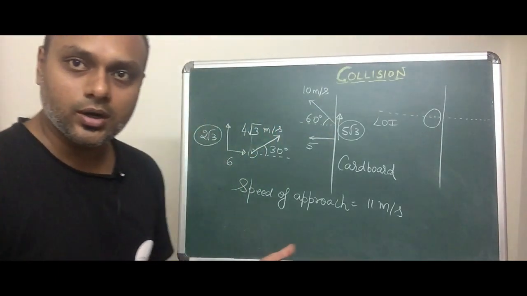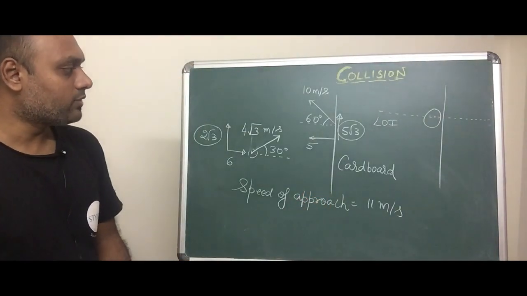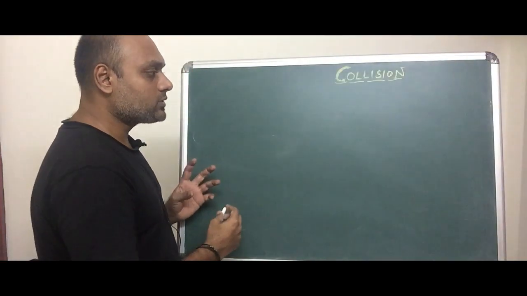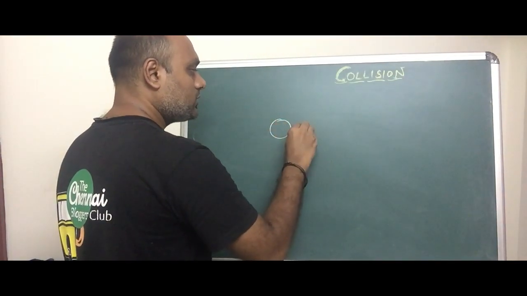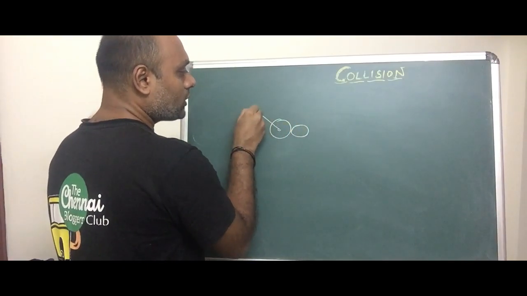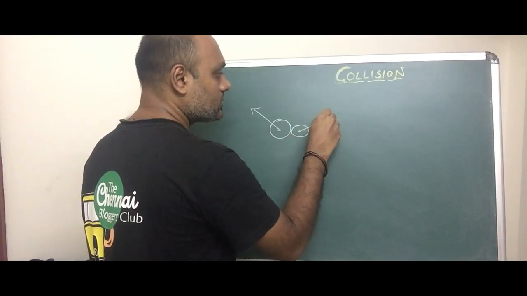So for that I will just draw another diagram. We will try to understand through another diagram how to write speed of separation. Okay, now let's say two objects have collided, and just after the collision, this is one object and this is one object. Now after the collision, say this object moves in this direction and this one is moving in a direction like this.